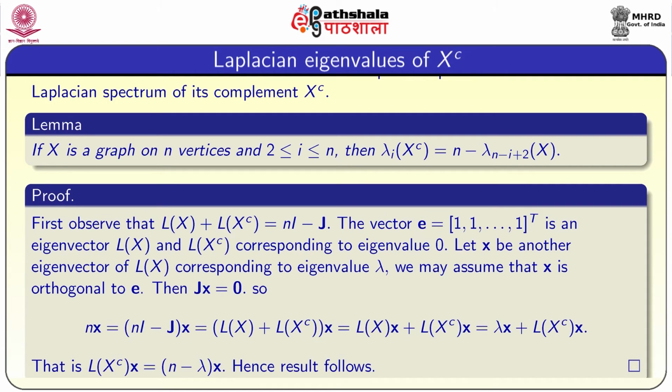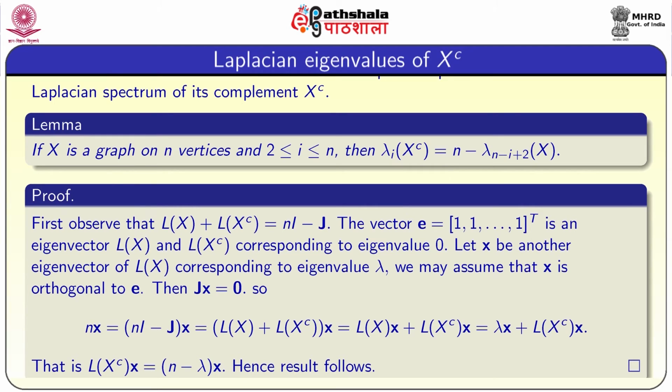Thus, we have Jx equal to 0, since x is orthogonal to e. So, nx equal to (nI minus J) x, which is equal to (L(X) plus L(X complement)) x, which is equal to L(X)x plus L(X complement)x, which is equal to lambda x plus L(X complement)x, as lambda is an eigenvalue of L(X) corresponding to eigenvector x.